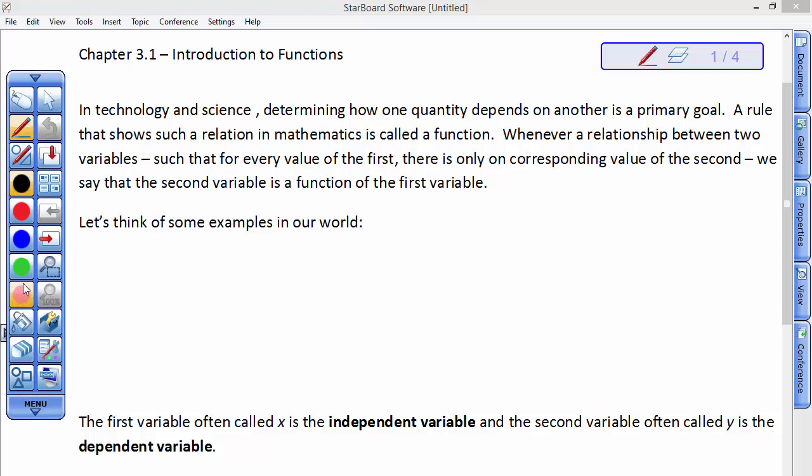In this segment, I'd like to introduce the idea of a function. A function is, in mathematics, an equation. I'm going to go ahead and jot a few notes here.